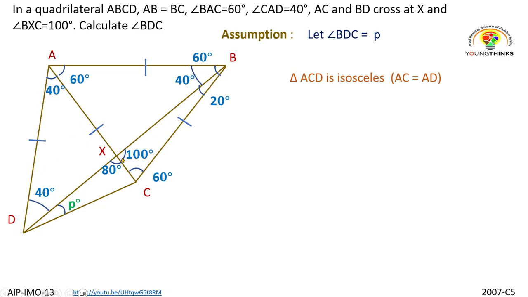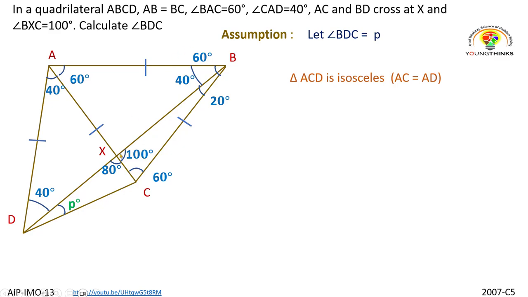You know why? Because this side AC is equal to CB is equal to AB as part of an equilateral triangle, and we have also proven that AB and AD are equal.